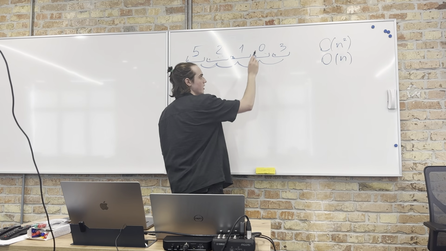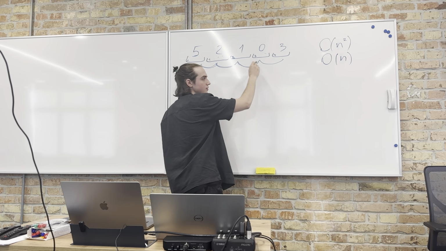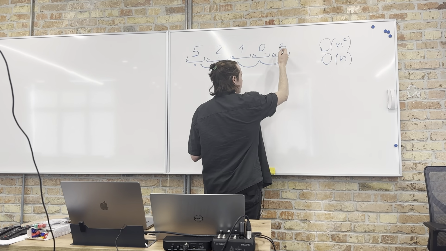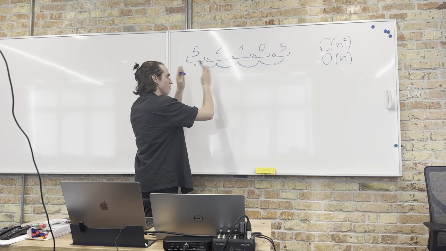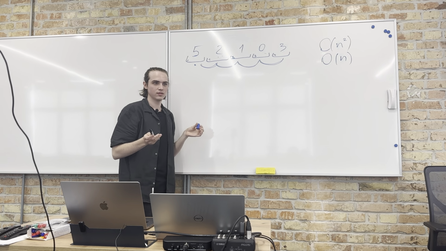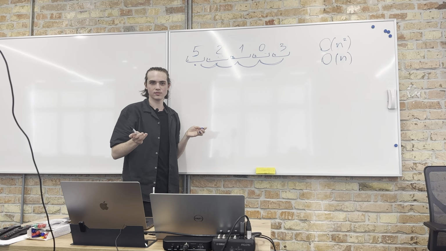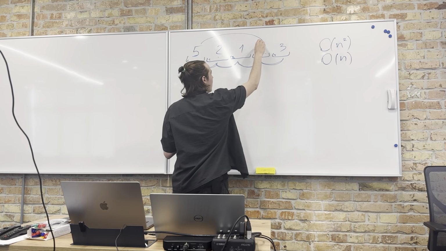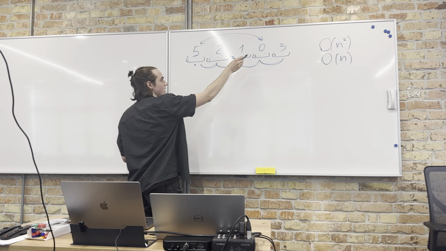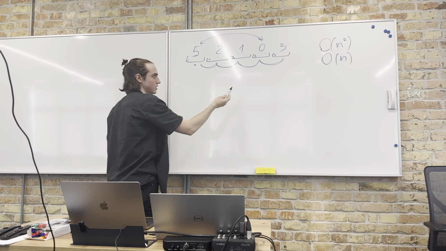Our minimum element index right now is 3. We're moving here, and our minimum element of this part of the list is, no, this index 3. Yeah. So at the end of this iteration, we just swap our current element and our lowest element.